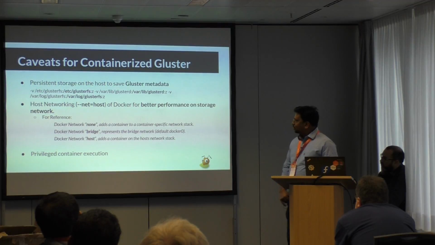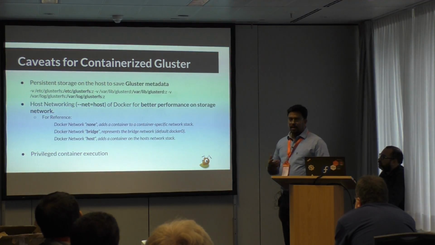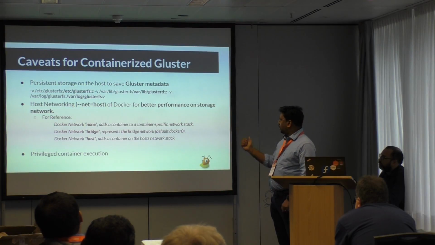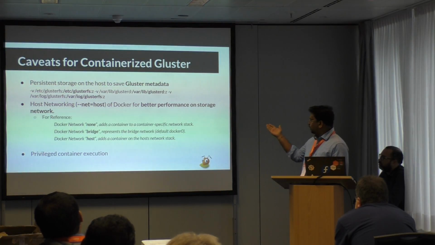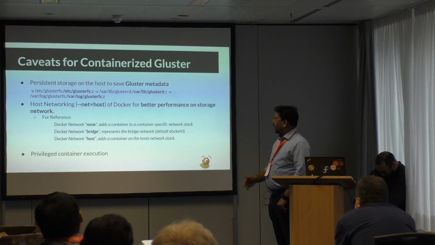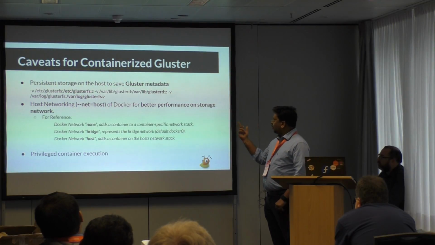And Docker also provides a couple of other options for networking. Like if the container wants its own networking stack, you can make use of --net=none option, or you can make use of Linux bridge when you use --net=bridge option. But what we recommend is --net=host option.